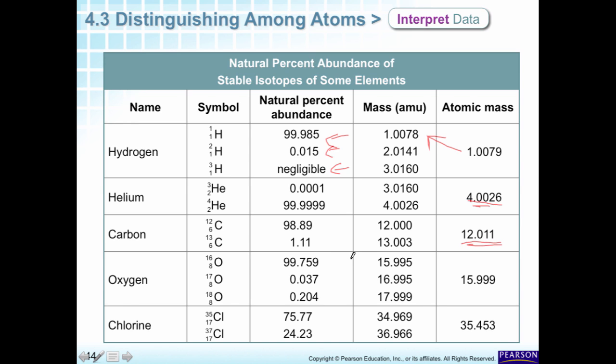Oxygen is mostly oxygen-16 with a little bit of oxygen-17 and a little bit more of oxygen-18, but very, very trace amounts. And chlorine is a little bit different. Chlorine is 75% or so chlorine-35, and the rest chlorine-37, so its atomic mass is closer to 35, okay?